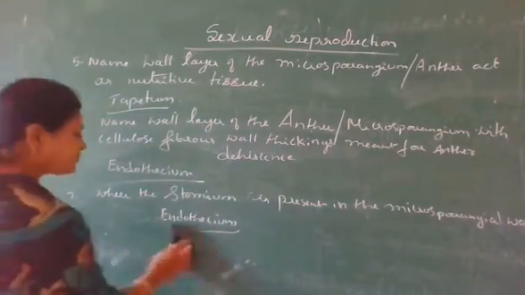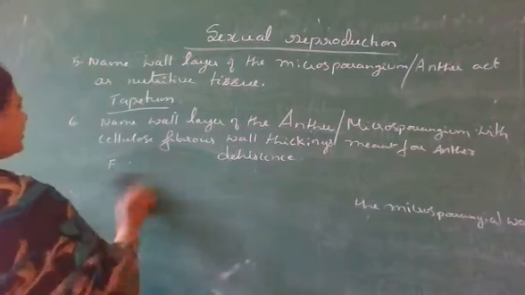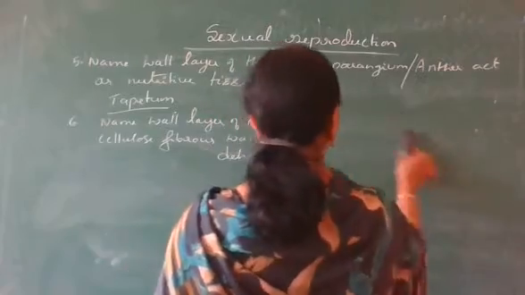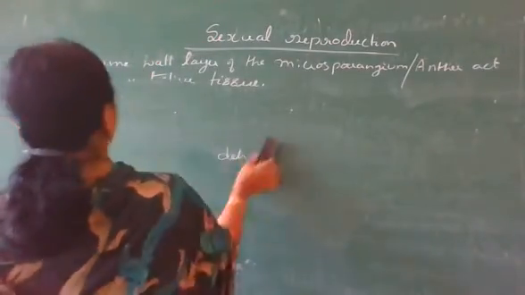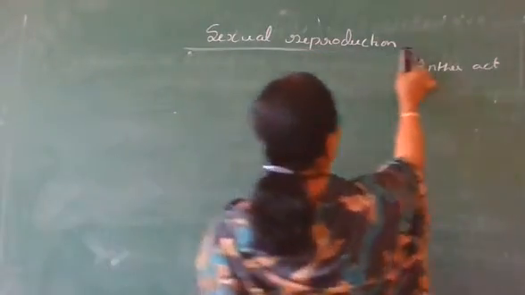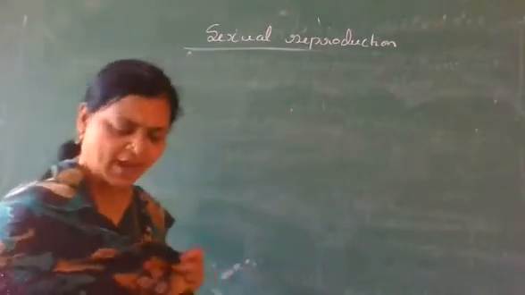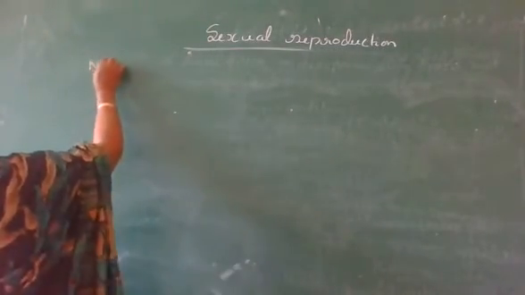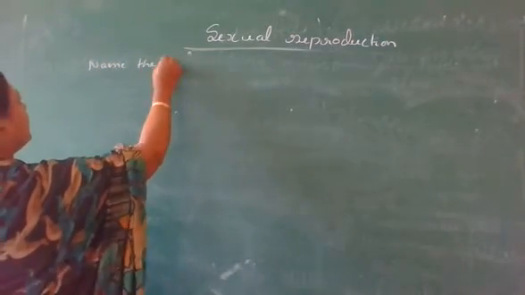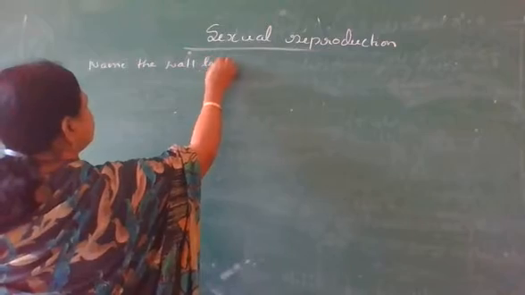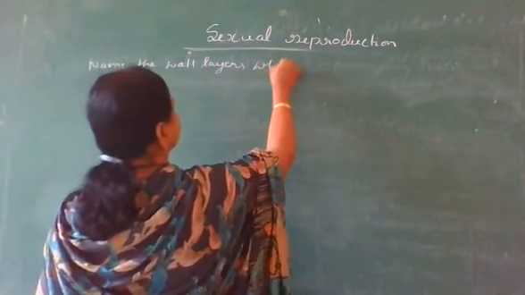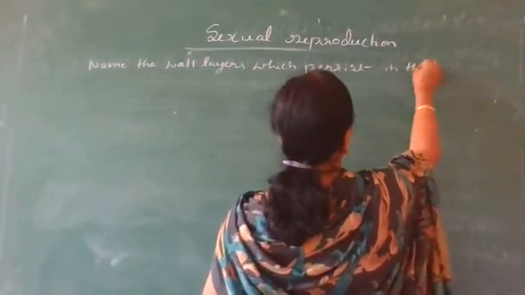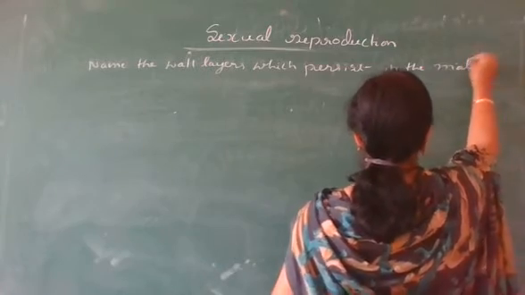Now, name the wall layers of the anther which persist in the mature anther.